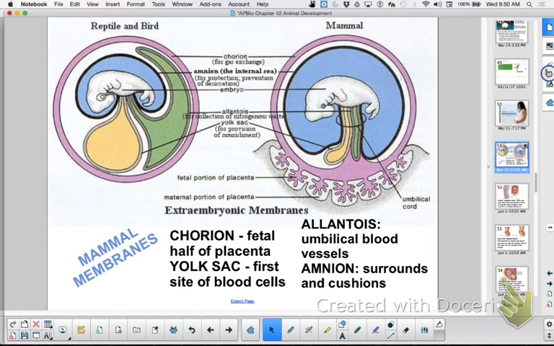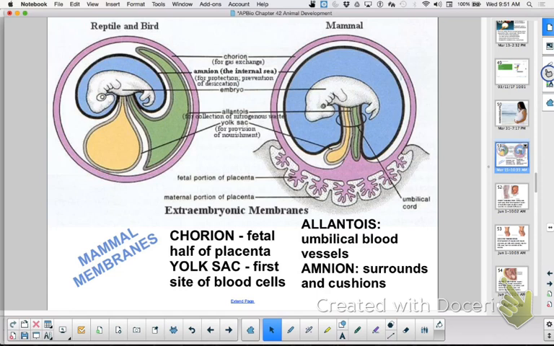Okay, but here's the big picture that I want you to see, is similarities that you can see between a reptile and bird and a mammal. So for instance, you have the amnion. The amnion is the membrane that's right around the developing embryo, and we have an amnion that's right around our developing embryos too.